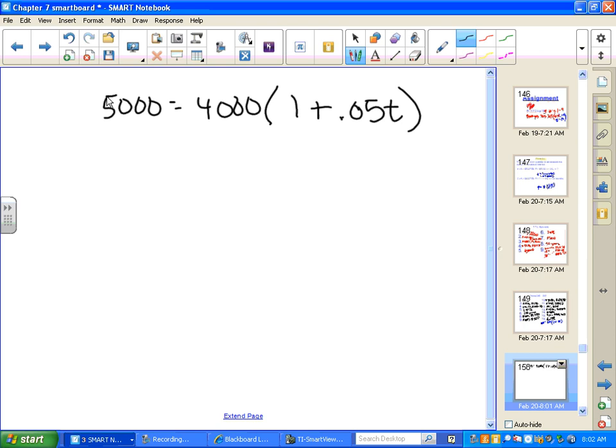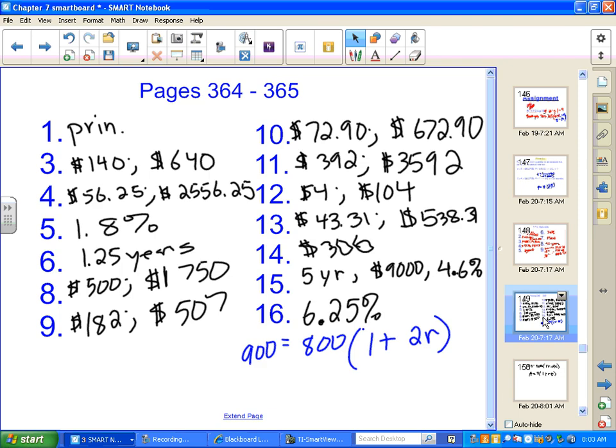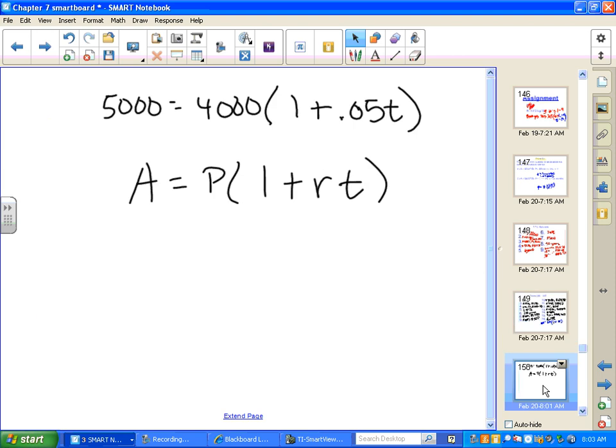The only reason I wrote down the first part is you messed up with your formula. You forgot that this was the formula. So you can try them again. You used the wrong formula, just like that other question you asked me about. For this one, you wrote that one wrong too. That's why you got it wrong.